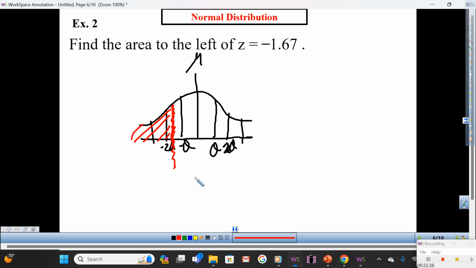So, who went last? Mia Victoria. Pass someone. What is the percent under that curve? Peyton, what did you get, Peyton?